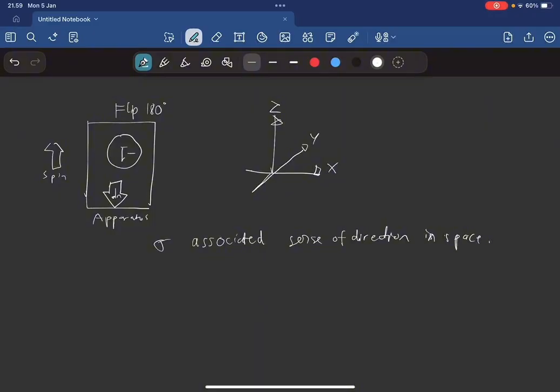If we are convinced that the spin is a vector, we would naturally describe it by three components, which is sigma x, sigma z, and sigma y. When the apparatus is upright along the z-axis, it is positioned to measure sigma z.